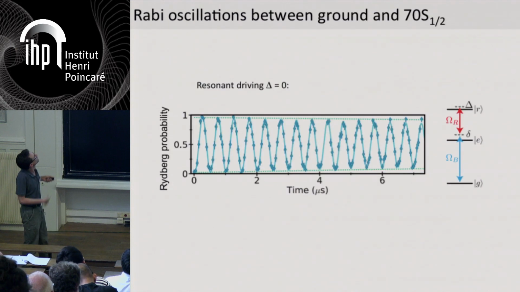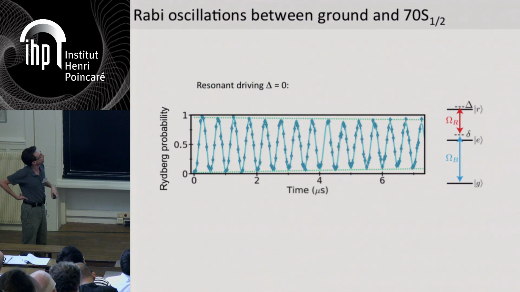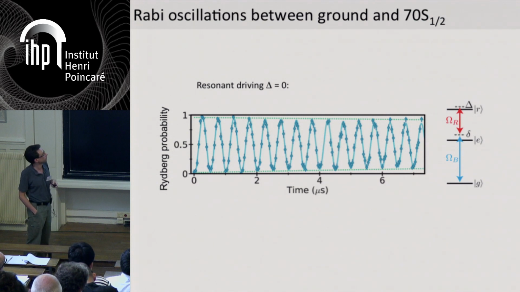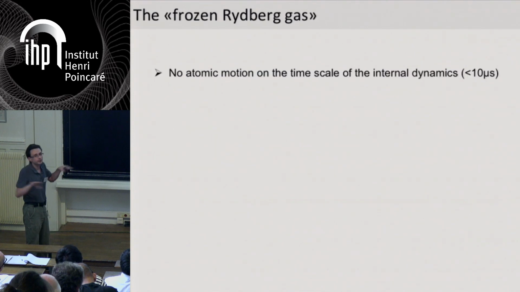What you see here is a typical example of Rabi oscillations between the ground and Rydberg states, in the case of a single atom. We typically have a few microseconds of coherence time. And because these interaction times are so short, it is safe to neglect the atomic motion on this time scale.